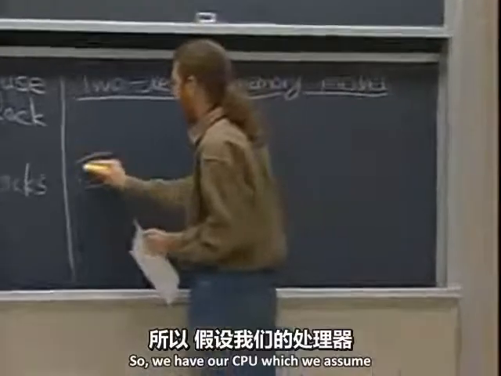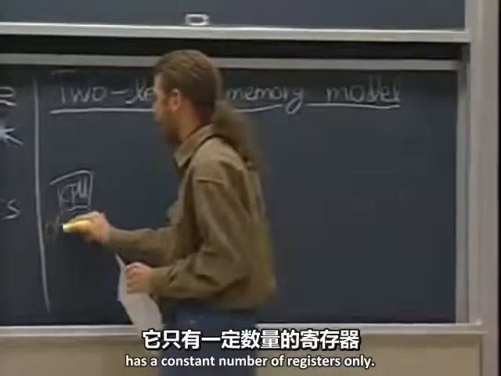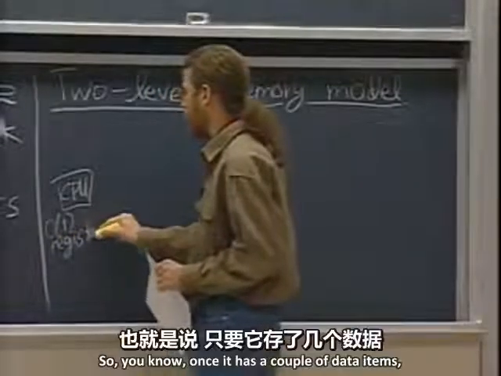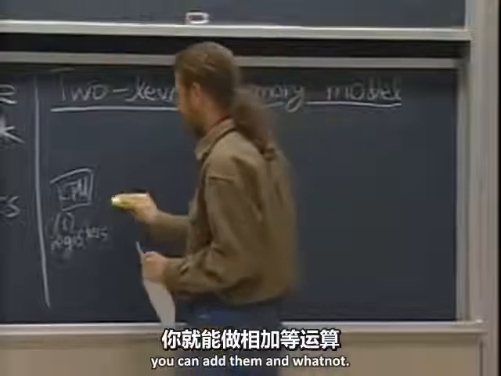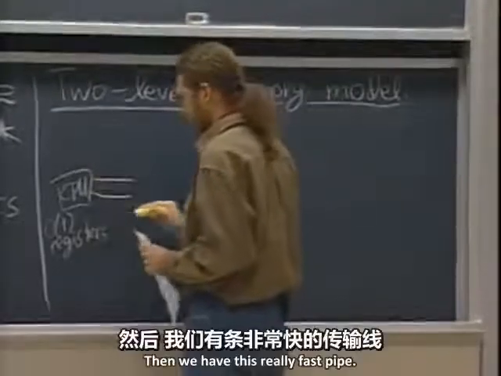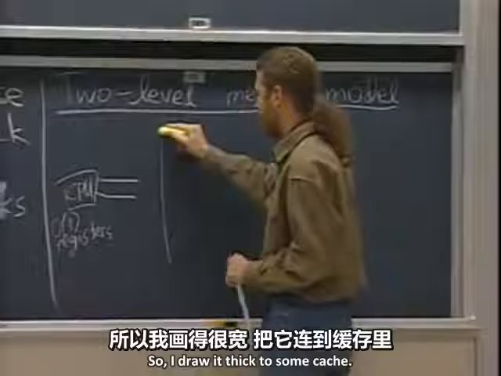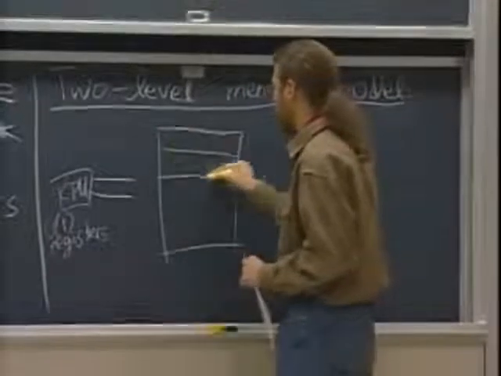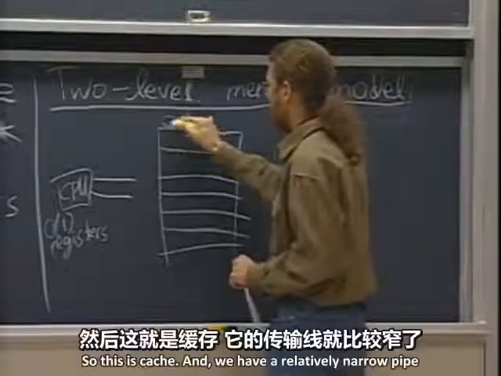So we have our CPU, which we assume has a constant number of registers only. So, once it has a couple of data items, you can add them and whatnot. Then we have this really fast pipe, so I draw it thick, to some cache. So this is cache.